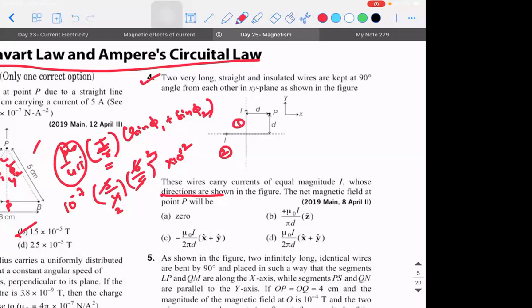Due to the first wire, what is the direction of magnetic field at point P? Is it into the plane or out of the plane? Into the plane. Into the plane due to the first wire. Due to the second wire? Towards my side, sir. It is out of the plane.